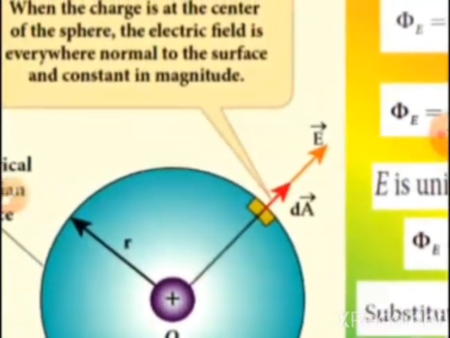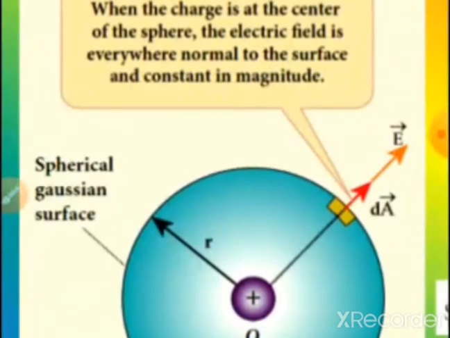Here we consider the spherical Gaussian surface, when the charge is placed at the center of the surface.